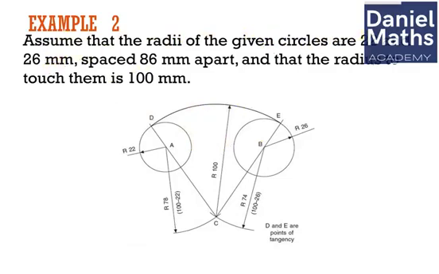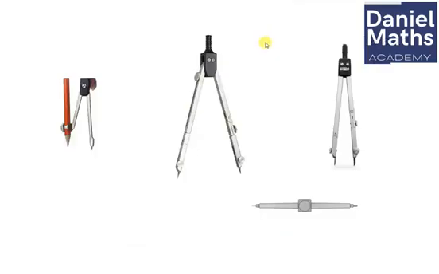Because I cannot go less than 25 in my own compass, it means I cannot open my compass that small. So let me explain to you guys what I mean. So what I mean here is that my compass, which is the part where you have the pin and the pencil, is the compass here. Okay guys, like I did mention, this compass that you can see here is a replica of this.